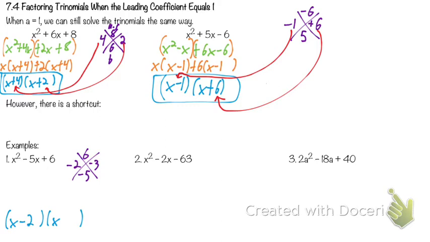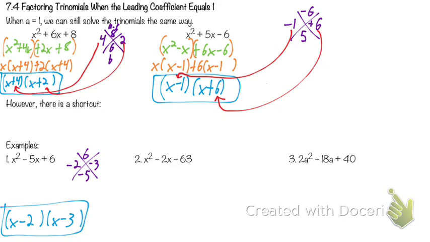So x minus 2 and x minus 3. And that's your answer. You're done. That's a shortcut. This is literally all examples this week. That shortcut, once again, only exists when our leading coefficient is 1. And I can prove to you that if we multiply these through real quick, you'd get the same thing as when we started.